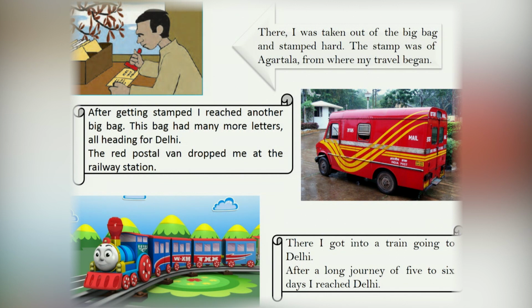After getting stamped, I was put in another big bag. This bag had many more letters, all heading to Delhi. The red postal van dropped me at the railway station. There I got into a train going to Delhi. After a long journey of 5 to 6 days, I reached Delhi.